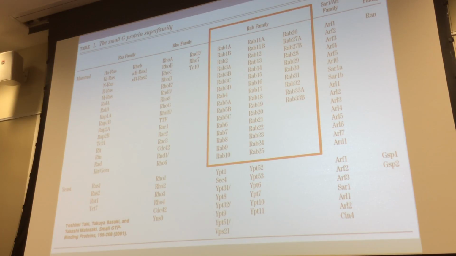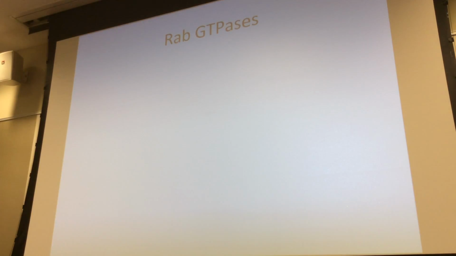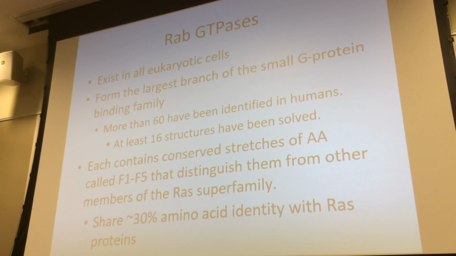Now I'd like to talk about the Rab family. And the Rab family, here I'm labeling all of these. These are GTPases also, so they all work the same way. And I should also tell you that in order to get these GTPases to work, you sometimes need to have a GTPase activating protein, or a GAP.